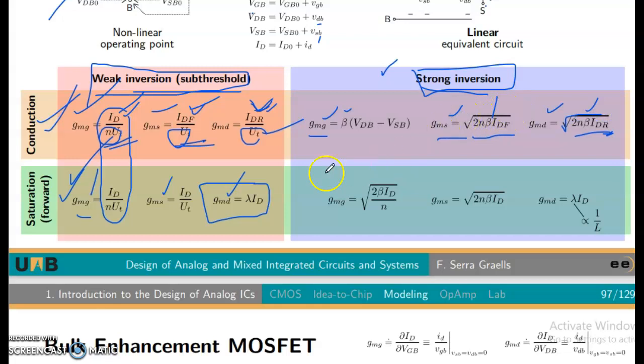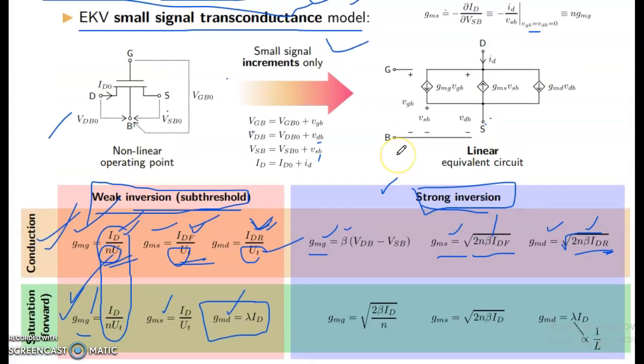Here in gate, VDB minus VSB, subtract, that much, then multiply with beta. Then that one is the GMG, in gate.